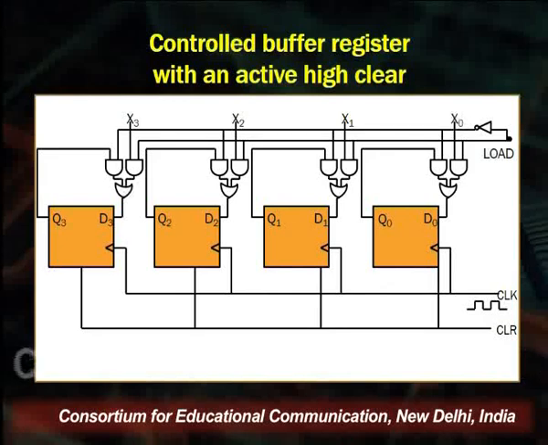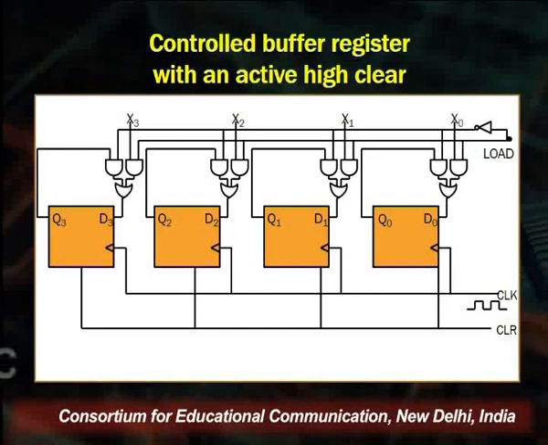Hence, when load is equal to 1, the output of the flip-flops would change from being Q3, Q2, Q1, Q0 to x3, x2, x1, x0.